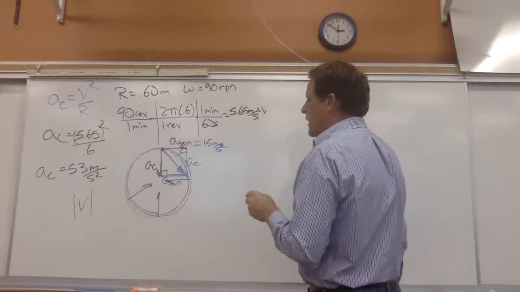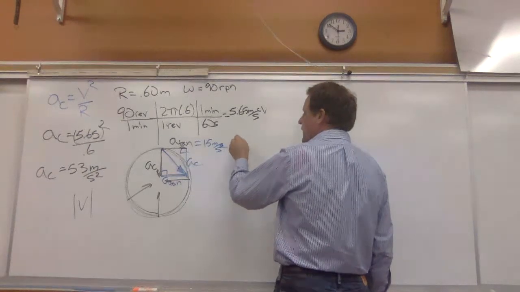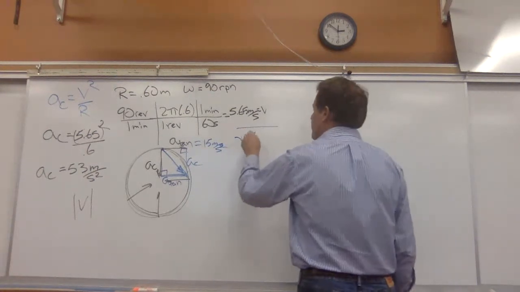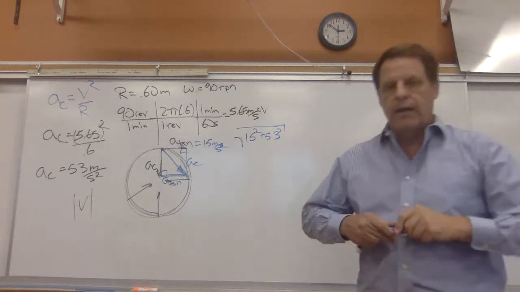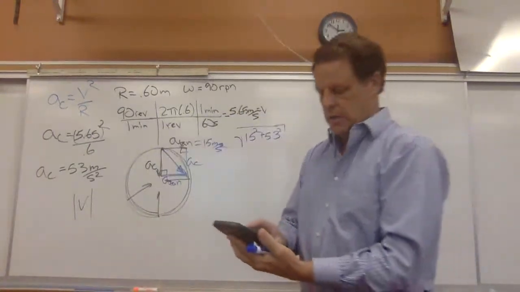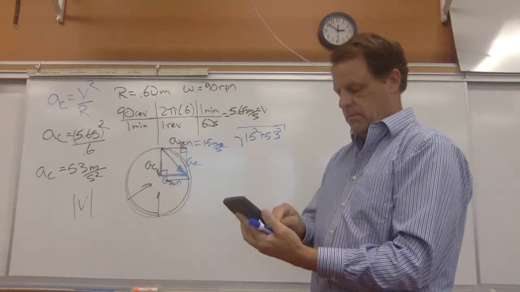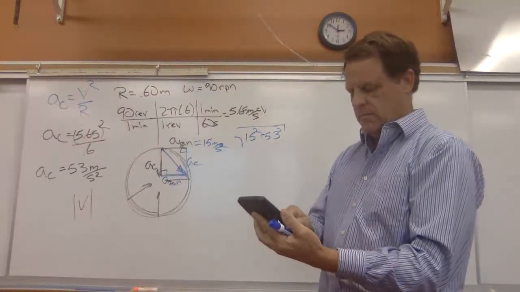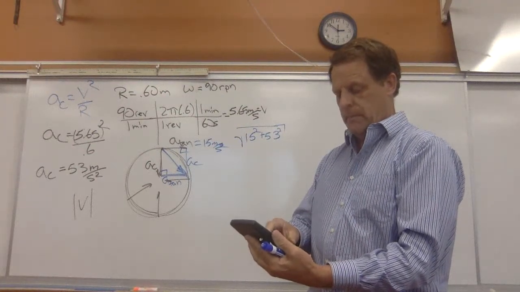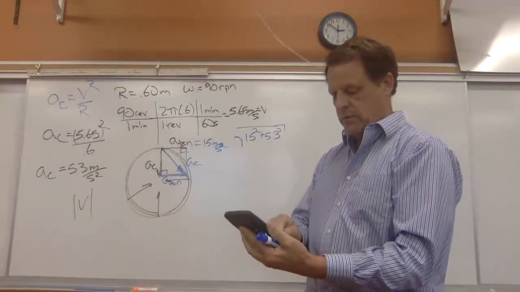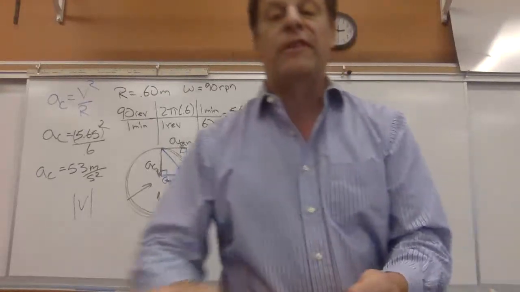So in this triangle, we can calculate what the hypotenuse is by using the Pythagorean theorem, which is going to be the square root of 53 squared plus 15 squared, that would be 55.